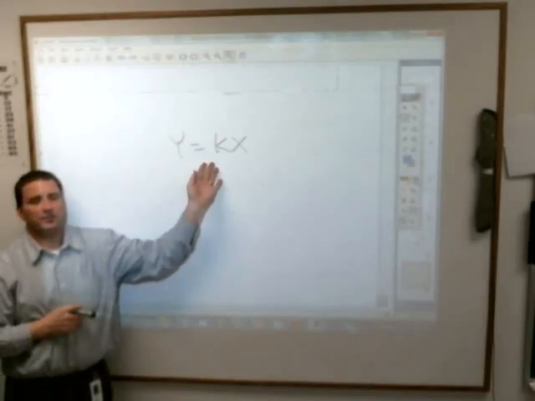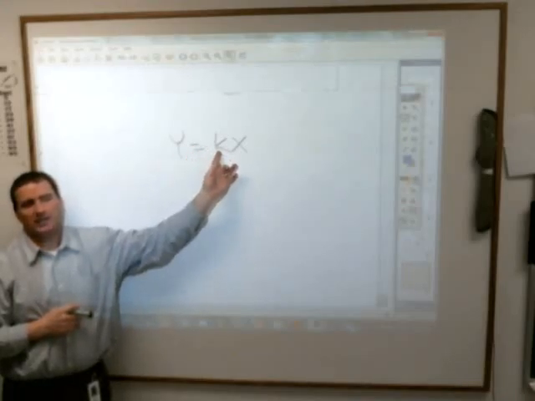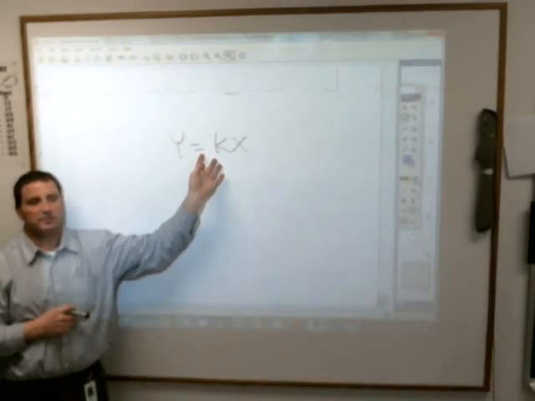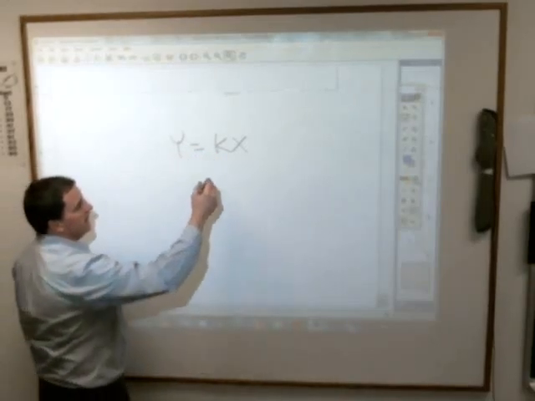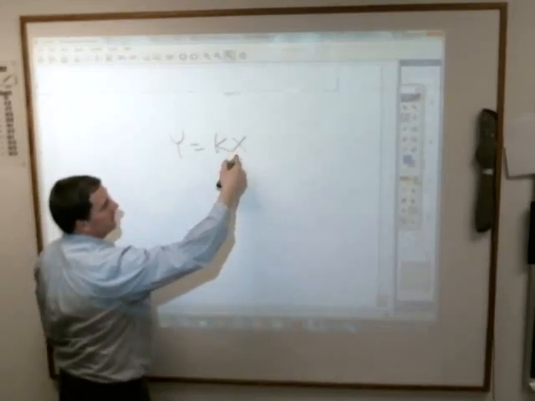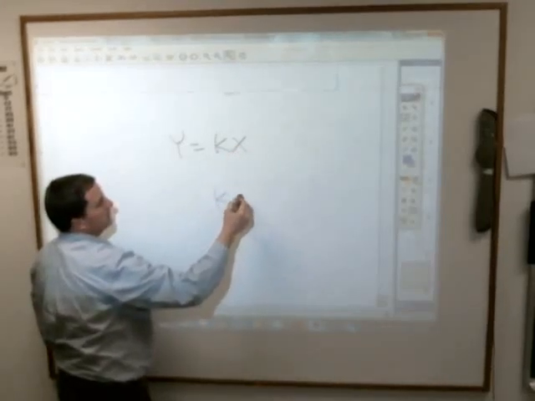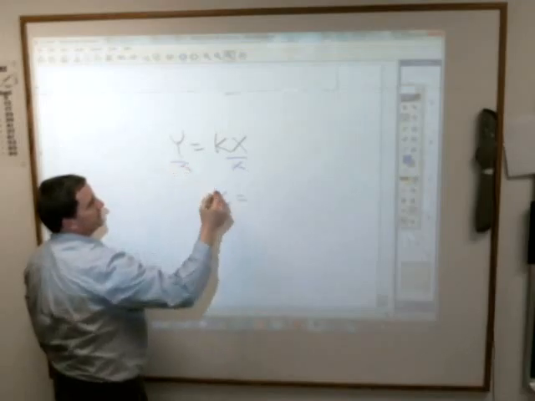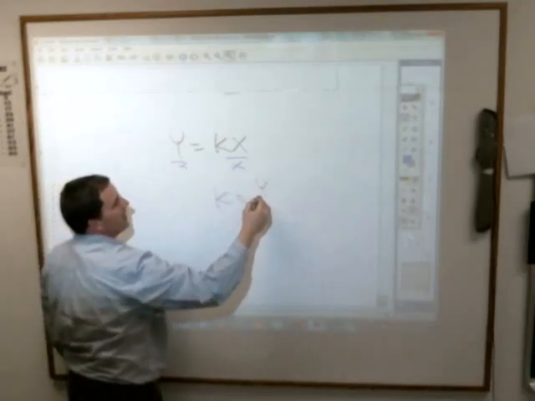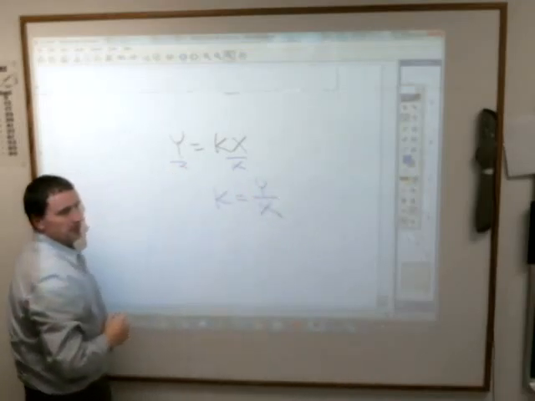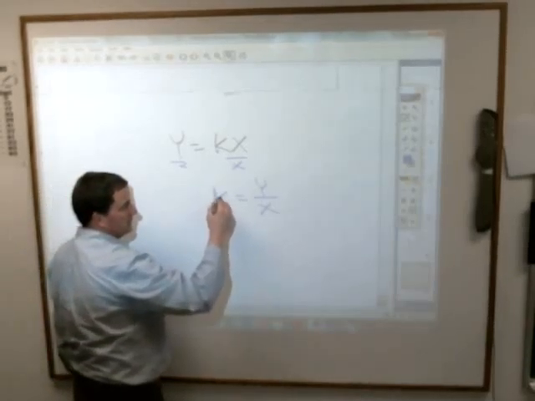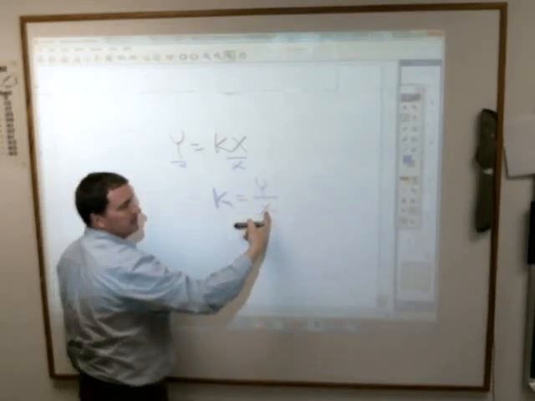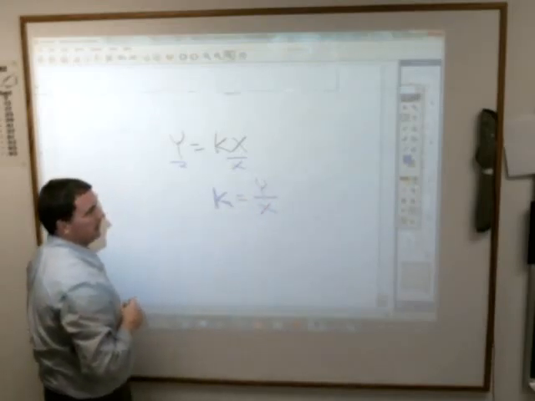I can change my stuff around. How many different equations could I make with this that would be the same, just moving letters around? Solve for k. If I solve for k, what does k equal? You just divide by x. So k equals y divided by x. If you ever want to find your constant of variation, you take your y number divided by your x number, and that tells you what k is.